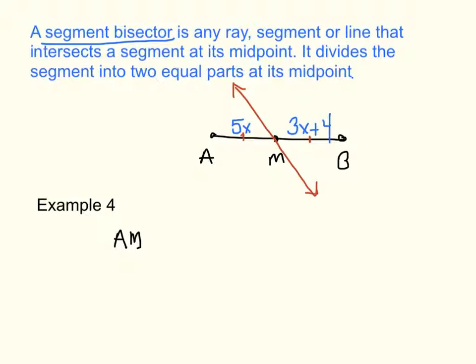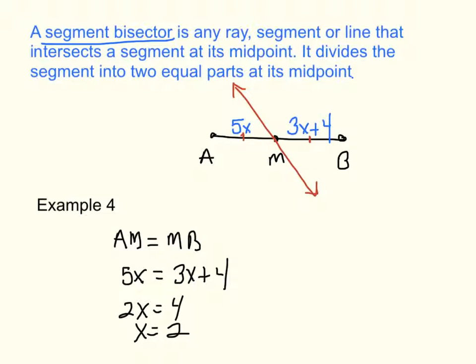AM equals MB, so we substitute in. The length of AM is 5x. The length of MB is 3x plus 4. And you can solve that on your own. That would give us 2x equals 4 and x equals 2.